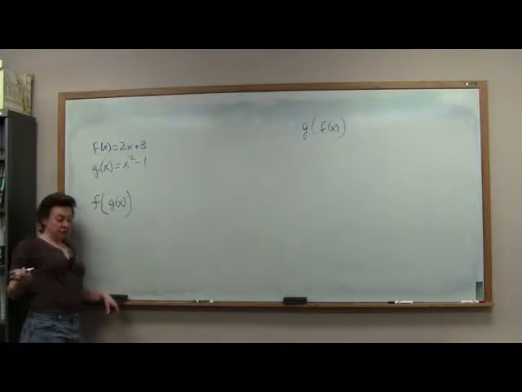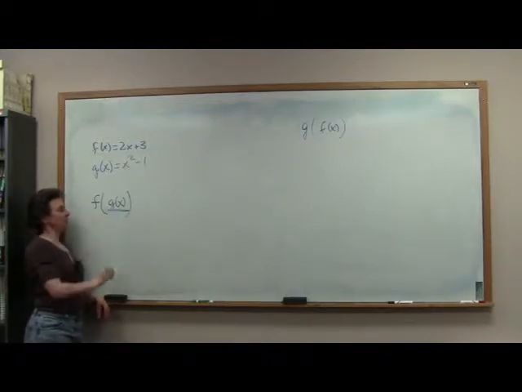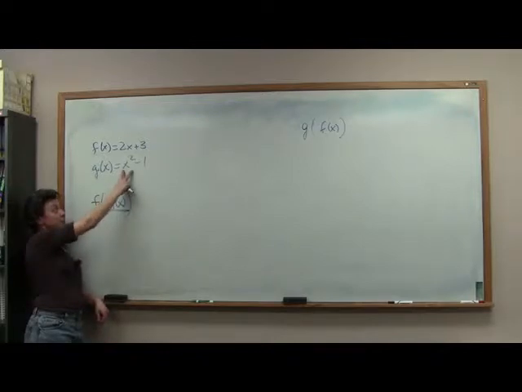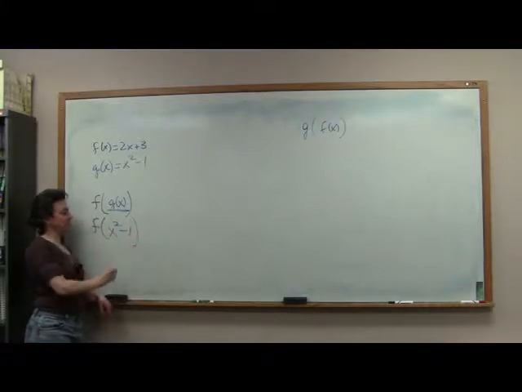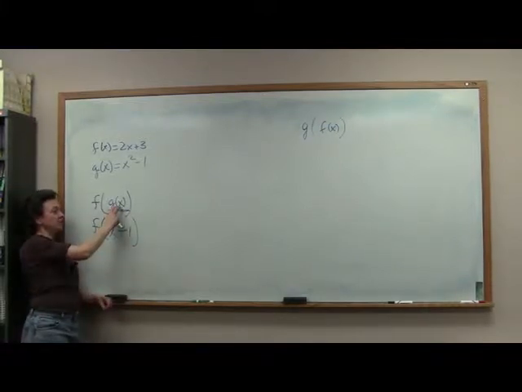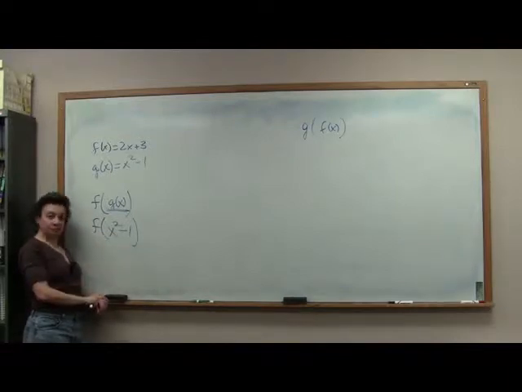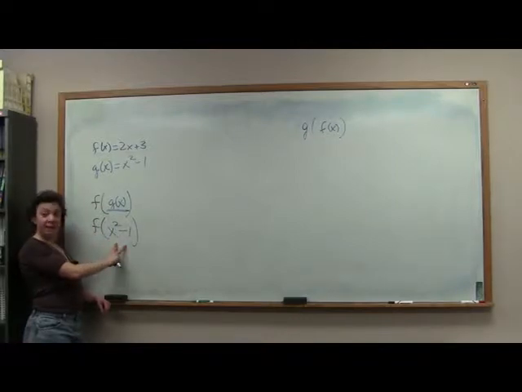Well, there's no number to plug in. So what you do in these general situations is you just replace the whole inside. Do we know what g of x is? Well, in this particular example, we do. It's x squared minus 1. So we write that function inside. Now, what does it mean to compute f of x squared minus 1?